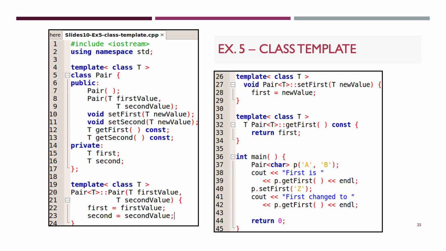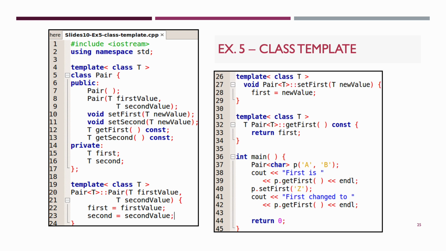And then main function, here a pair character object P is created with the values A and B. It prints the initial value of first, changes it using set first Z, and prints the updated value. So this example shows how class templates allow for creating generic classes that work with any data type specified at object instantiation.